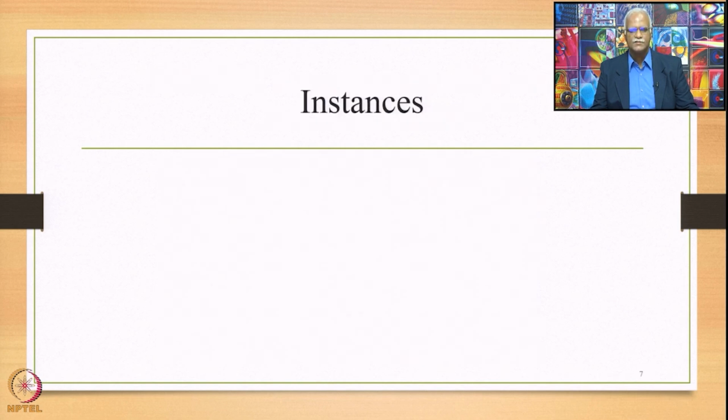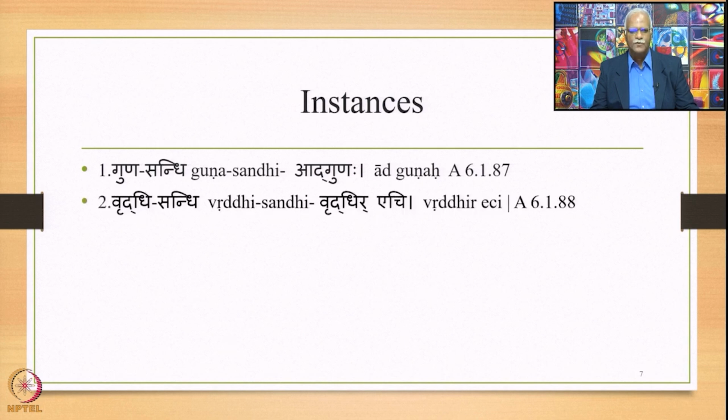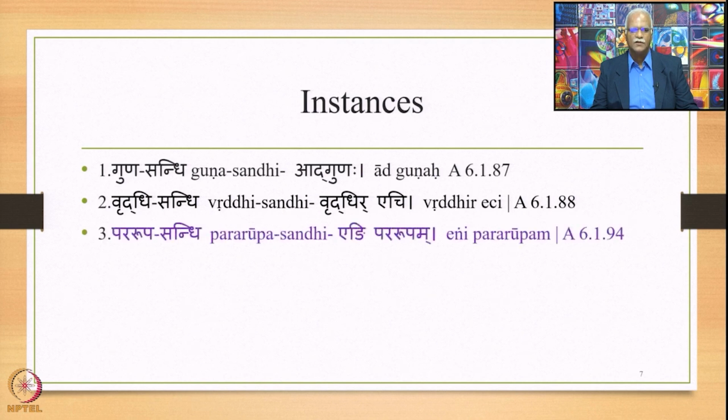There are 5 instances of Dvisthanika Ekadesha. Guna Sandhi stated by the Sutra Ad Gunaha 6.1.87. Second is Vriddhi Sandhi stated by the Sutra Vriddhi Rechi 6.1.88. The third one is Pararupa Sandhi, which we are currently studying, stated by the Sutra Engi Pararupam 6.1.94.